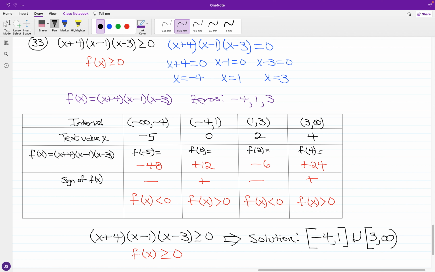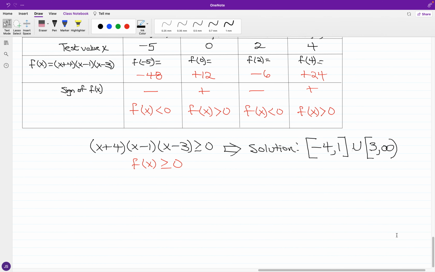All right, now there's one more part. We dealt with polynomial functions, but just going back to rational functions.